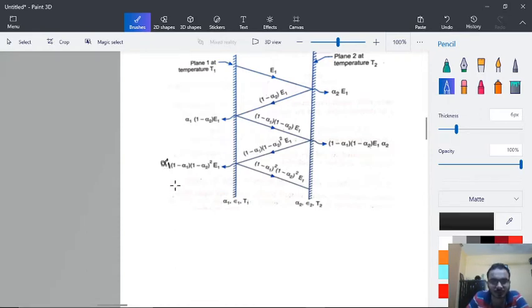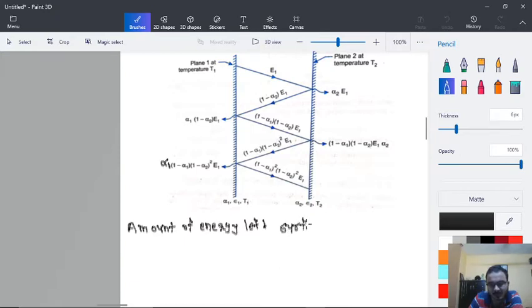So here we will begin with the amount of energy left surface 1 per unit time.